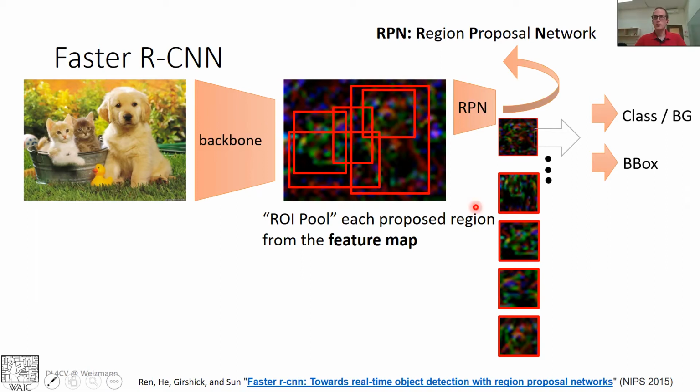And we are not computing the features for each of these regions from the image, which is very inefficient because we would need to apply the entire backbone to each and every one of the crops. We simply take the features that we already computed and crop them from the feature map. So what we need to apply to each of these regions is only very thin and shallow classification and bounding box regression heads.